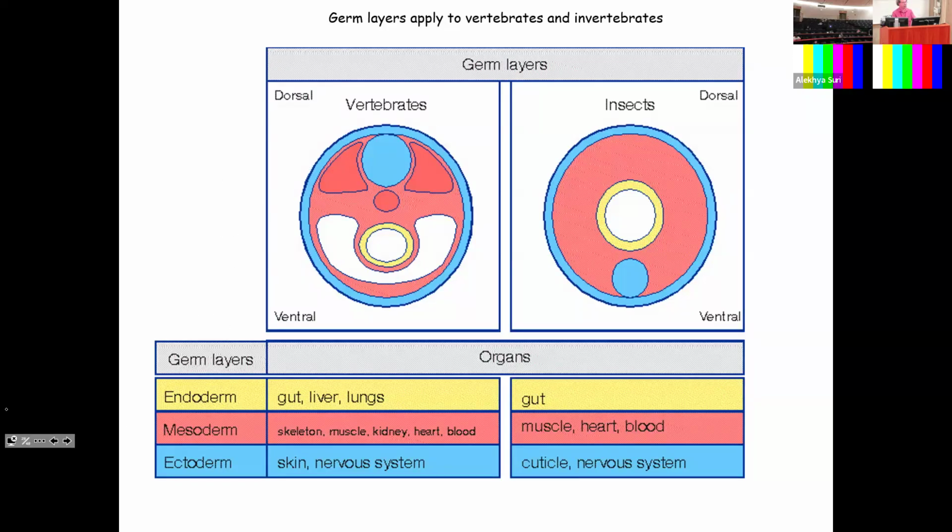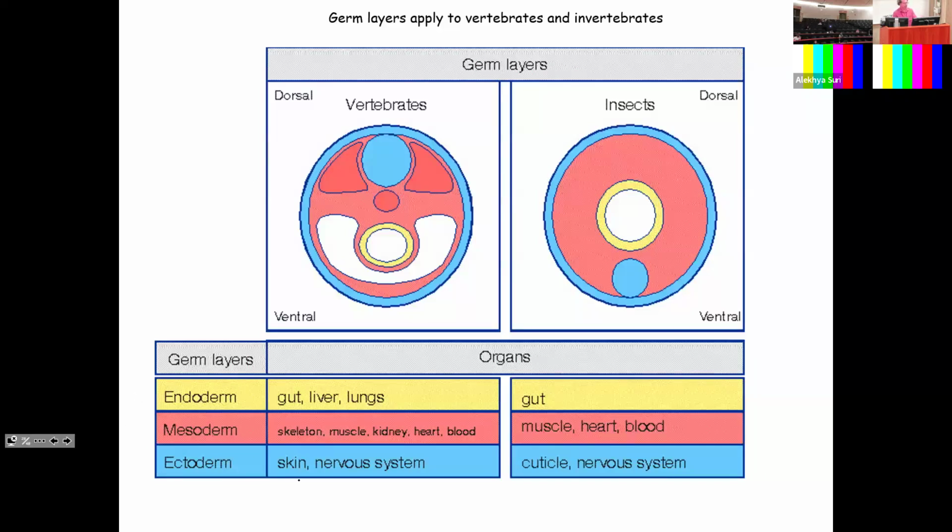This is a ventral view here, and this is a dorsal view. In insects, you see some subtleties, some differences. For example, the neural tube is ventral, but the organization is very similar. We have ectoderm outside, mesoderm in the middle, and endoderm inside. So that is conserved between vertebrates and insects. That's a good observation.